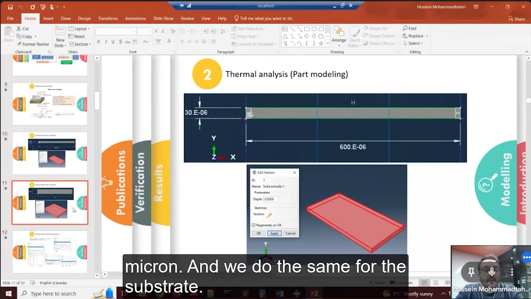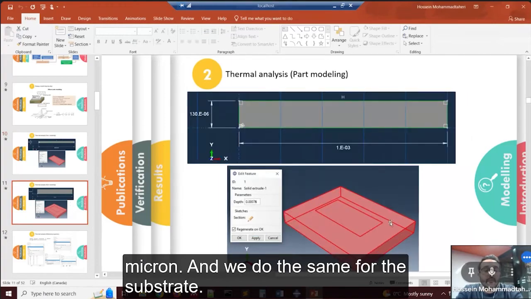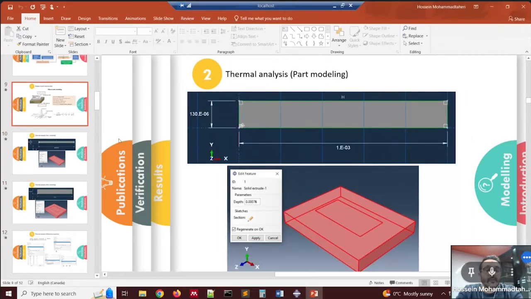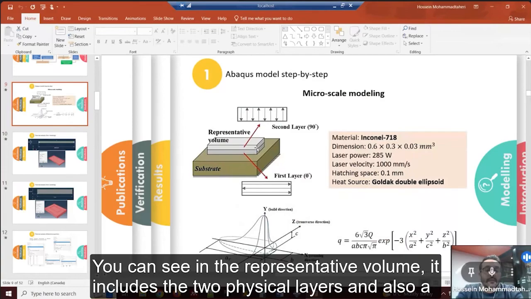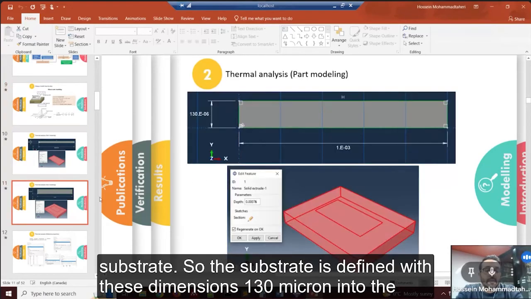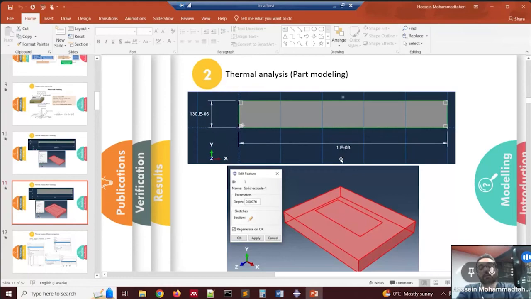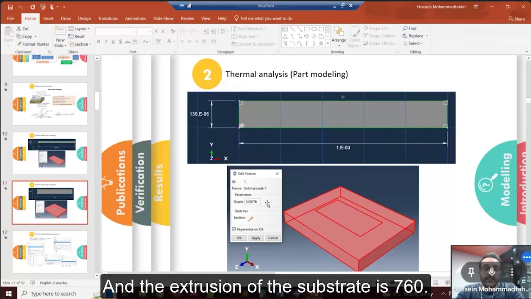And we do the same for the substrate. You can see the representative volume includes the two physical layers and also a substrate. The substrate is defined with these dimensions, 130 micron by 1000 micron, and the extrusion of the substrate is 760.